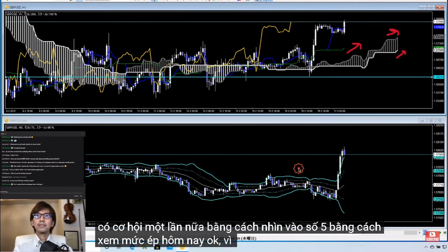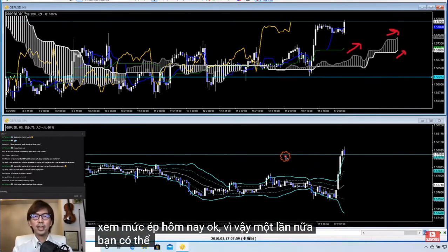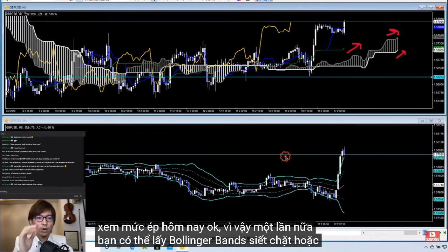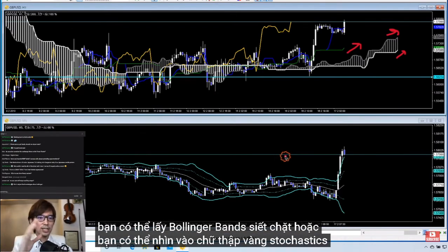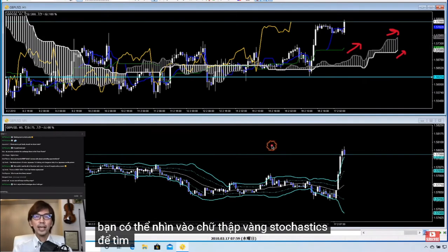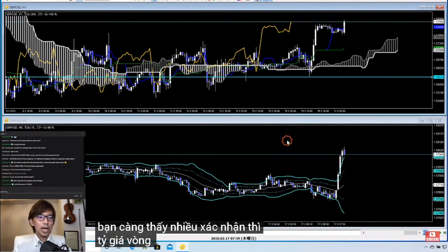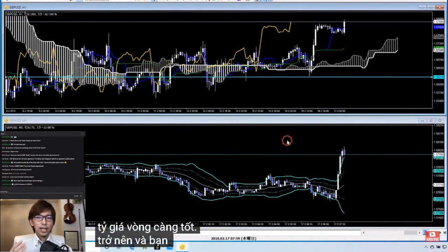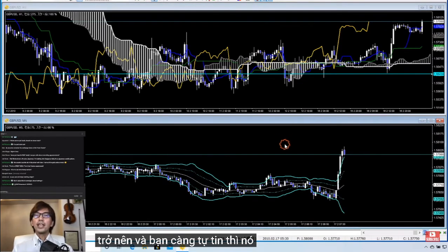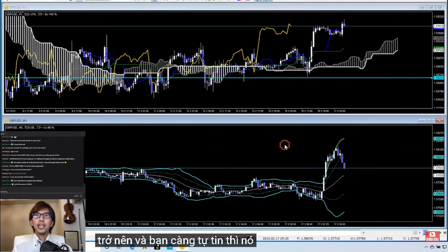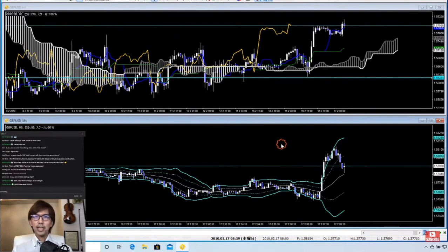Okay, so again you can take Bollinger Bands squeeze, or you can look at the stochastics gold cross to look for the buy. And the more you see the confirmations, the better the win rate becomes, and also the more confident you become. So yeah, in reality I don't really take trades by the squeeze by itself.